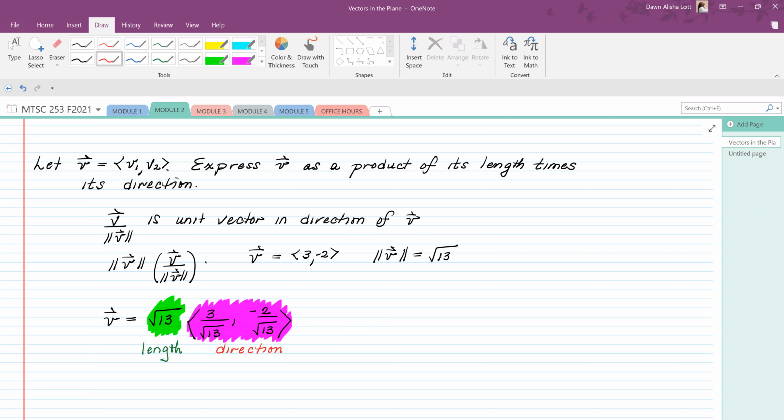All right, do I talk about distance between the two vectors? Let's see.